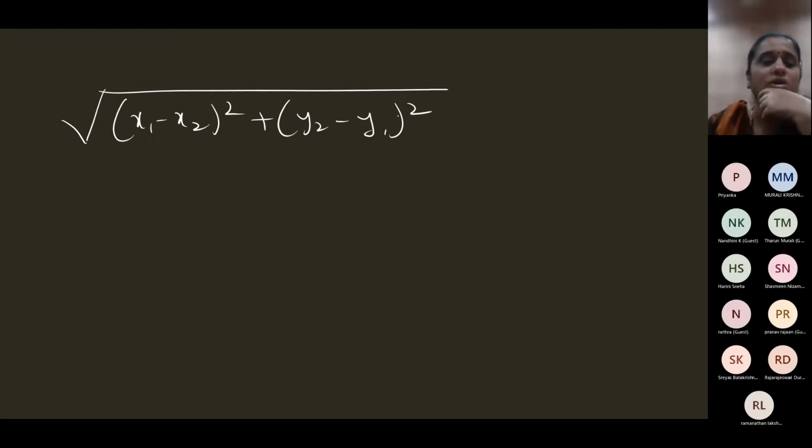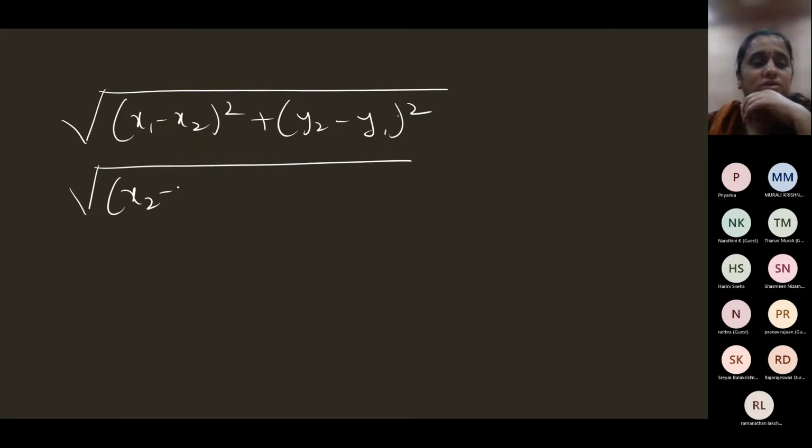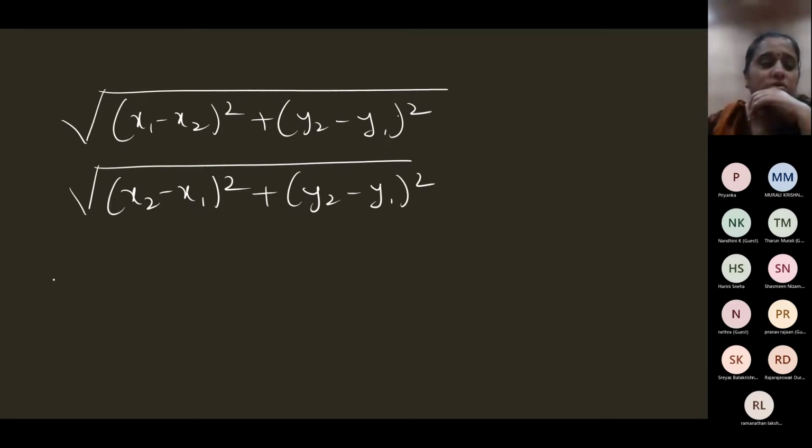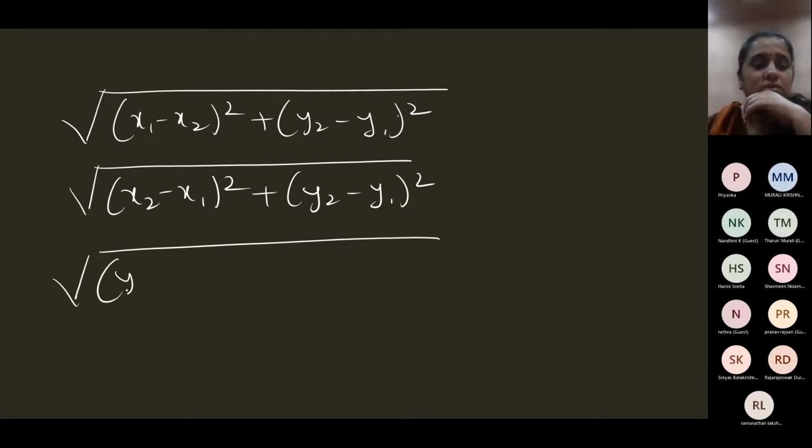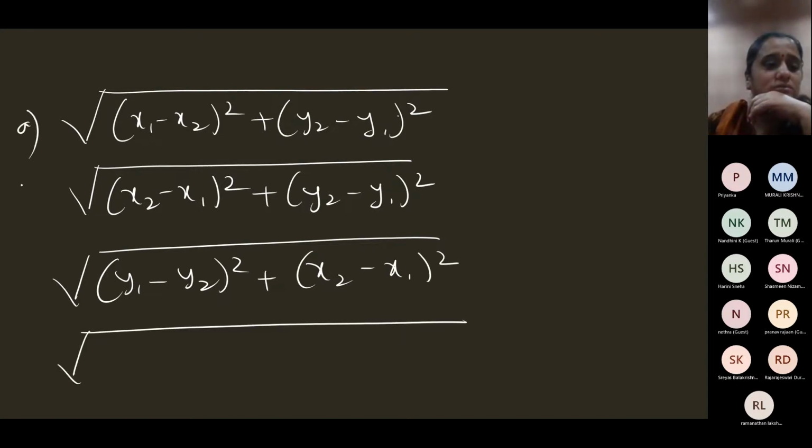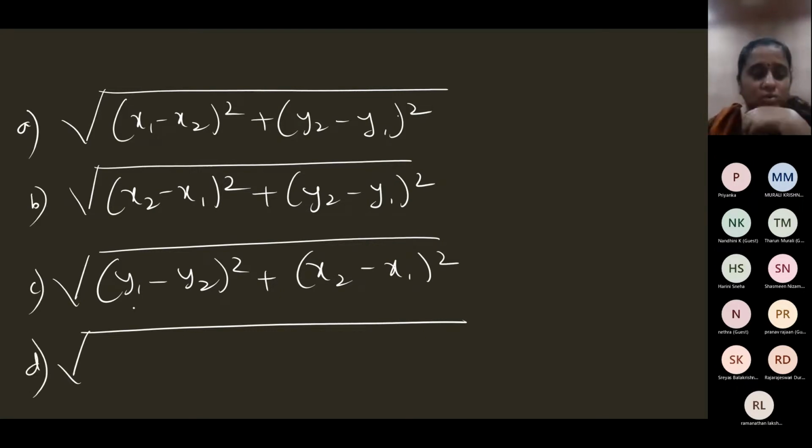Okay, which of the following is correct? The options are: square root of (x2 minus x1) the whole square plus (y2 minus y1) the whole square; square root of (y1 minus y2) the whole square plus (x2 minus x1) the whole square; and square root of (x1 minus x2) the whole square plus (y1 minus y2) the whole square.